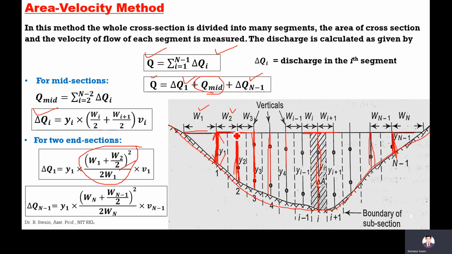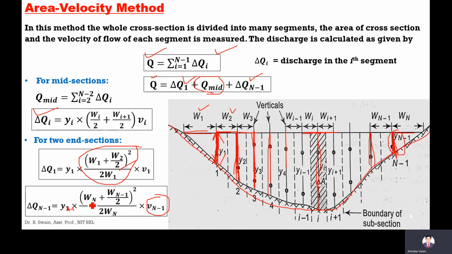Similarly, for the last section, the depth is Yn minus 1, this depth into the velocity Vn minus 1 into the average width.